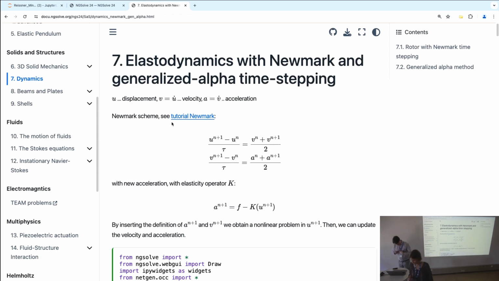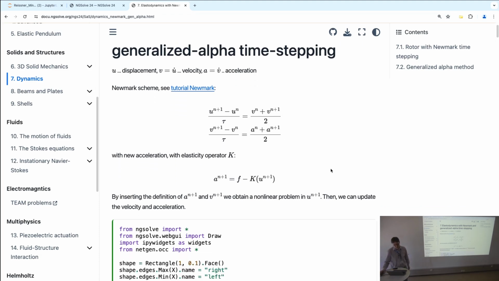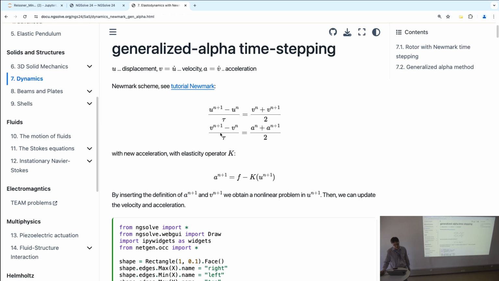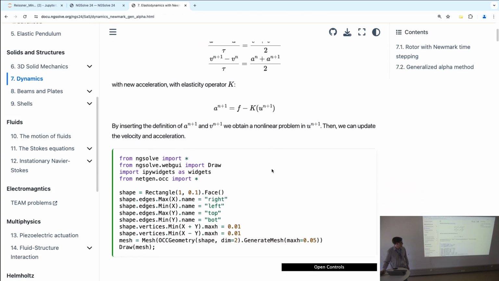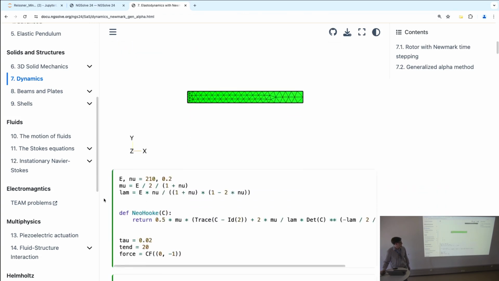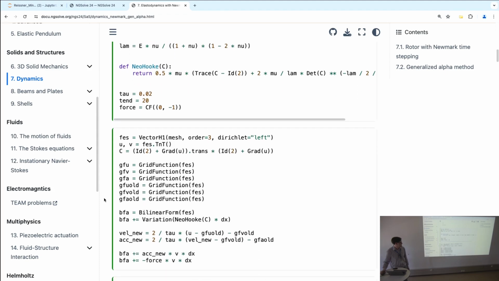Okay, so we had mostly now static or load steps, so pseudo time steps one can say, but also we can do elastodynamics with, for example, a Newmark scheme, a simple one, so we can approximate the displacement and velocity by acceleration and solve the equation. And I think a similar tutorial was yesterday.